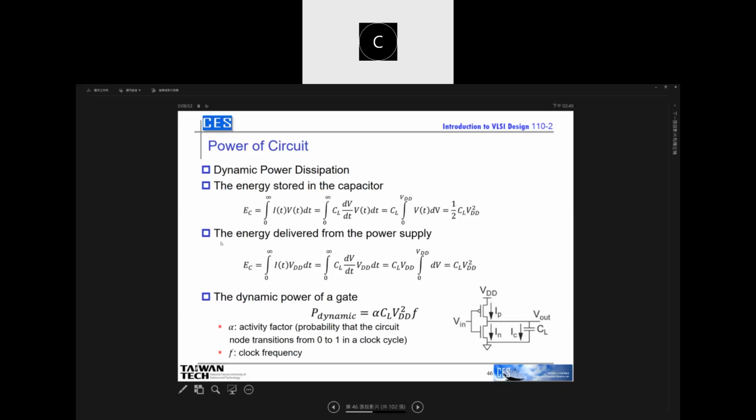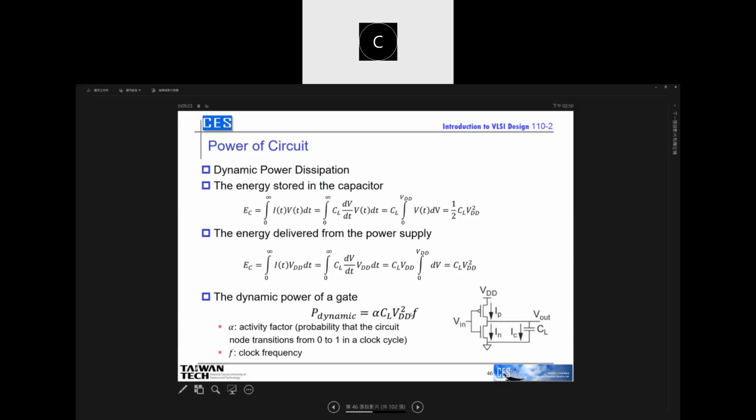When we consider the energy delivered from the power supply, we have a similar formula, but we don't have the 1/2. So basically we can describe the dynamic power of a gate: P dynamic equals alpha times CL times VDD squared times F.